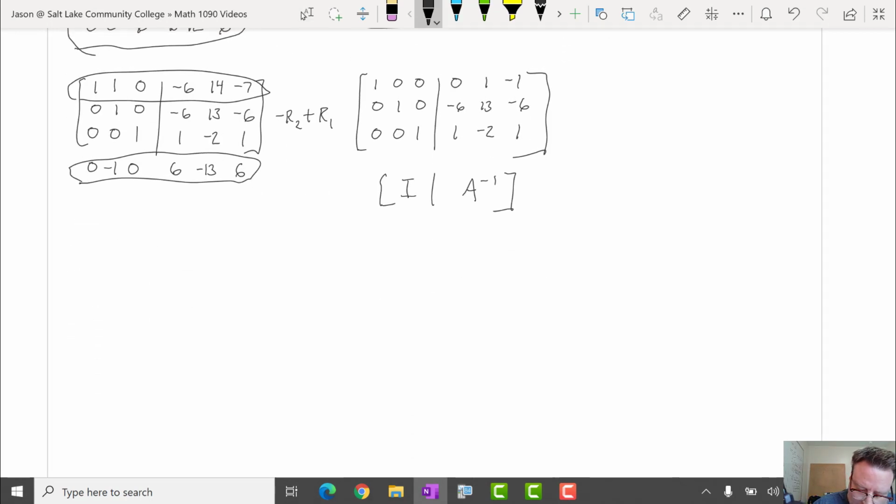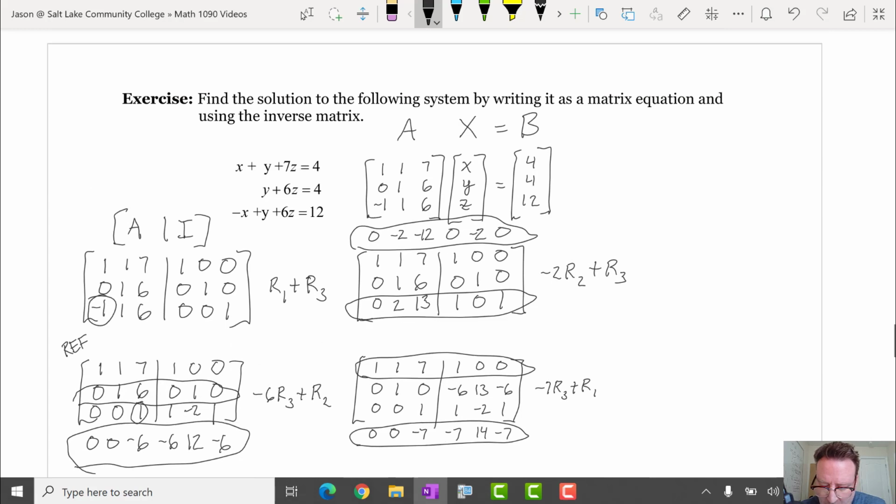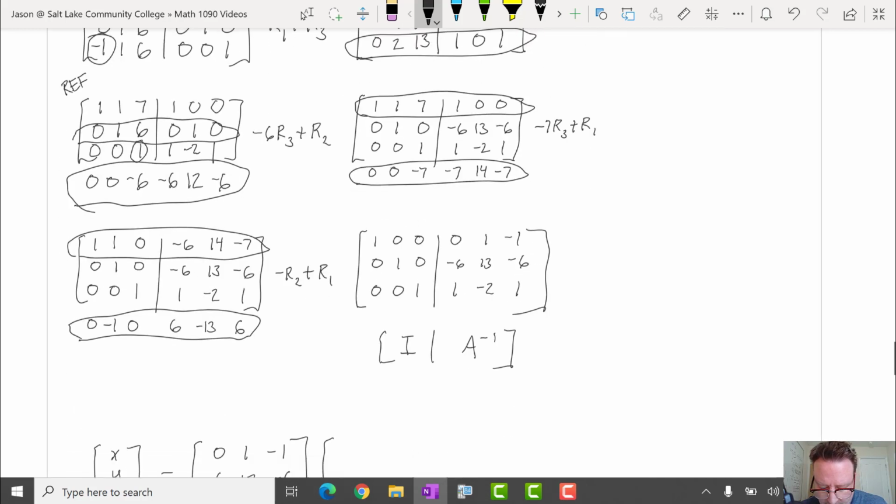So let's see, what we want to compute is x, y, z, our column of unknowns, is going to equal A inverse, which is this: 0, 1, negative 1, negative 6, 13, negative 6, 1, negative 2, 1, times the column vector of constants, or the B column vector, which had 4, 4, and 12 in it.